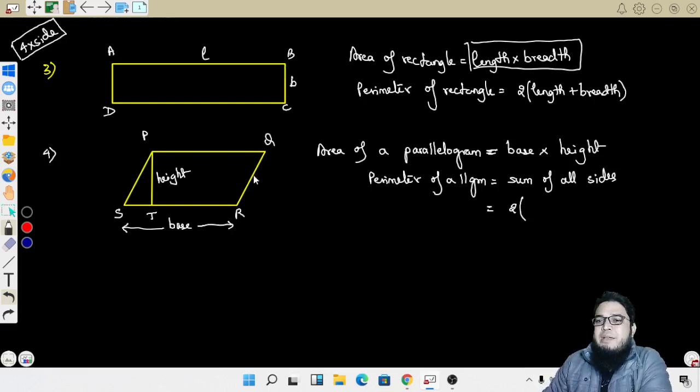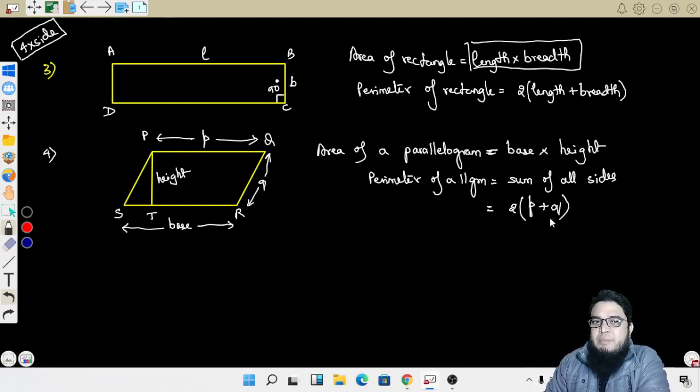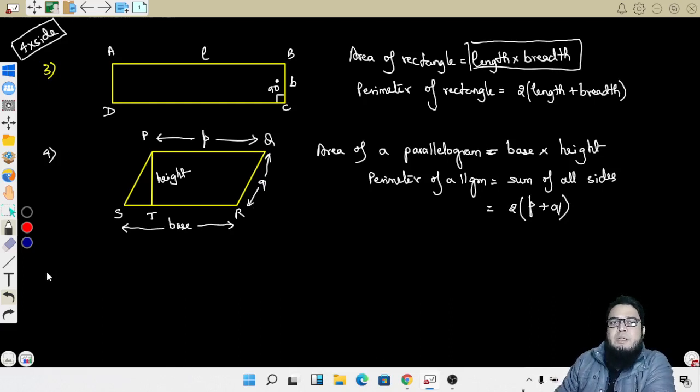You cannot call it a breadth because breadth should be perpendicular to another side. So we say the sum of all sides. Or if you consider this side as small p and this one as small q, then it will be 2 into p plus q. That will be the perimeter of a parallelogram.